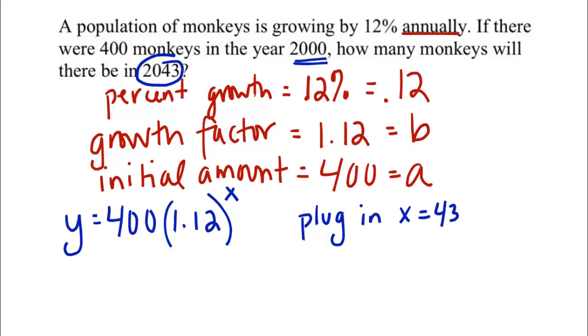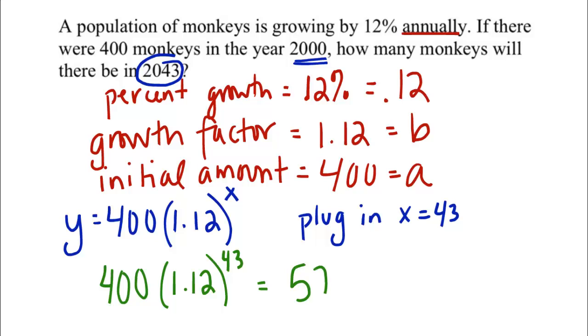Notice I'm not plugging in 2043, I'm not plugging in the year. I just want to know how much after our initial year. Since our initial year was 2000, we just want 43 as our input. 400 times 1.12 to the 43, and I'm going to use my calculator for that, and I would enter it just like you see on the screen, 400 and then parentheses 1.12 raised to the 43rd power, and I get 5291.9.